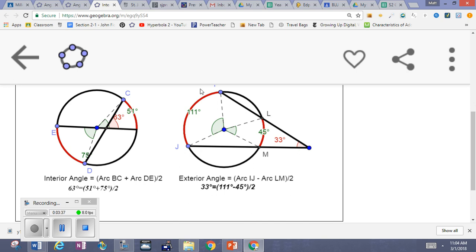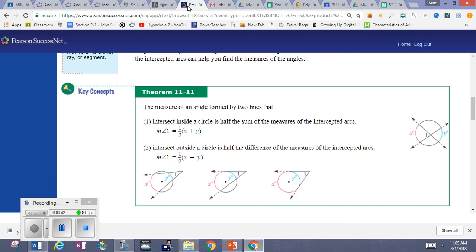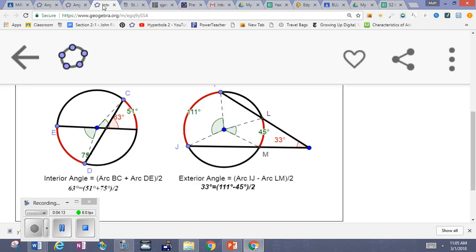Now one further thing we have to look at, let's go back to the textbook and illustrate this here. There are three types of exterior angles, but they're all exterior and they all have the same formula. There's the exterior angle formed by two secant rays, that is, of course, rays touching at two points on the circle, which is the case that we see here, and was also the case that we see here.